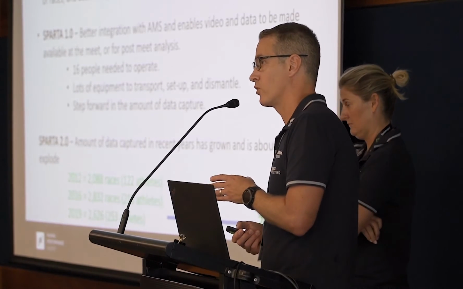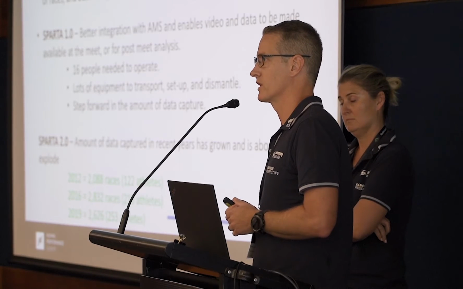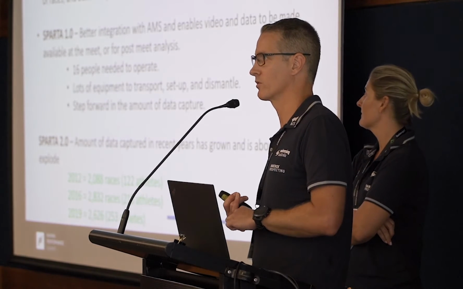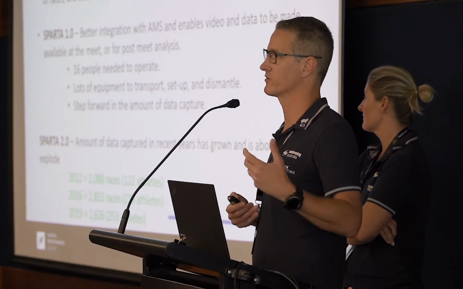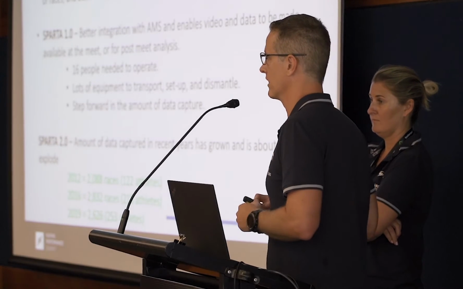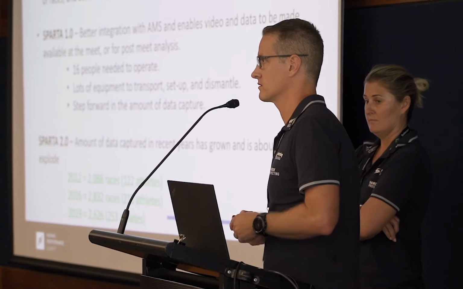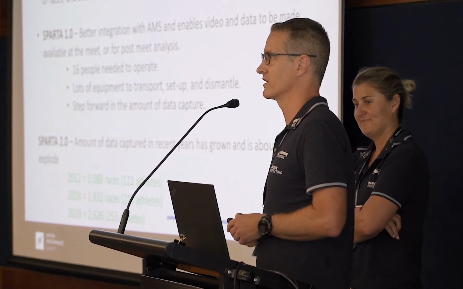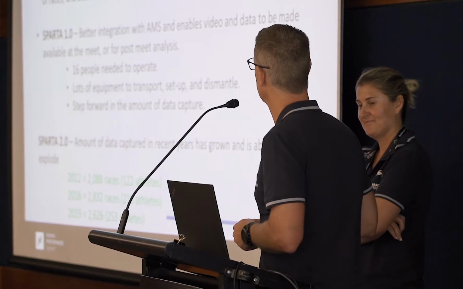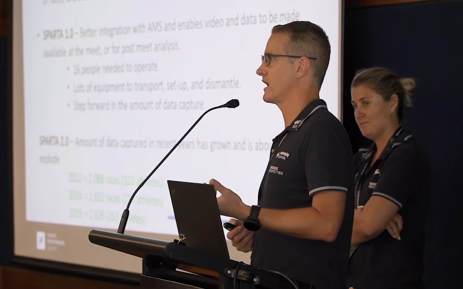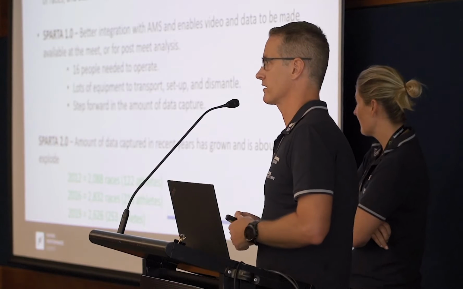Then there's lots of equipment associated with this. So we need 8 cameras, we need computers, we need all the peripherals, we need hard drives to transport the footage around the pool deck. And Jess is lugging this system all over the world to our major meets, so it's not an ideal setup for us. So we knew we could improve on even the actual hardware and the system design as part of this process.